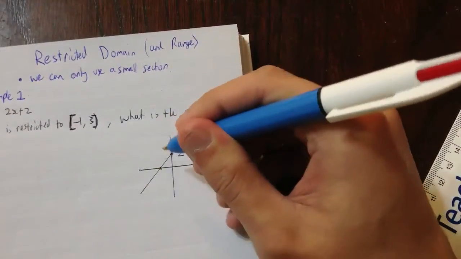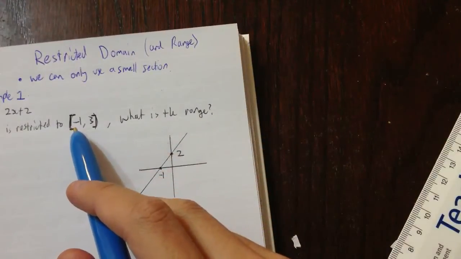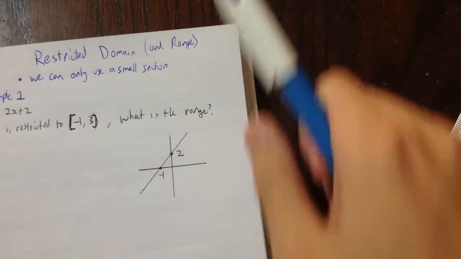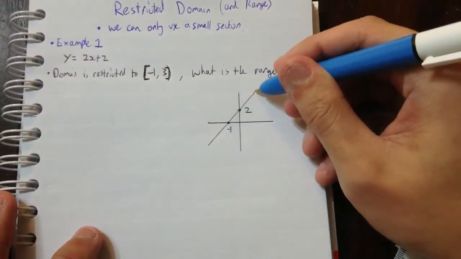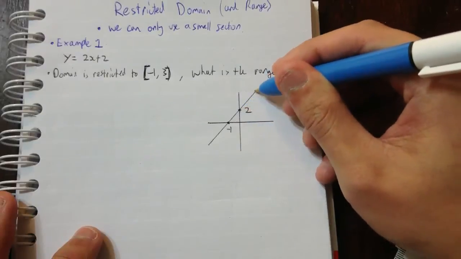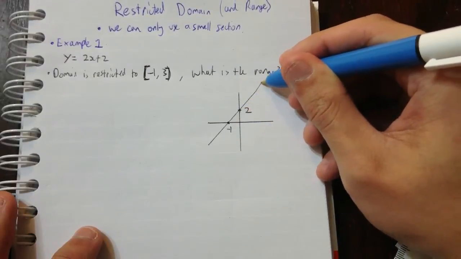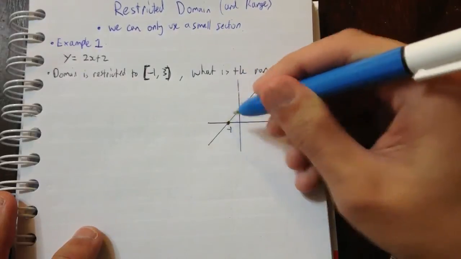When x equals 0, y equals 2, and when y equals 0, x equals -1. Now, we're only going to get from -1 to 3, so the only part of the graph that matters is from here to 3, where x is 1, 2, 3. The rest of the graph doesn't matter.